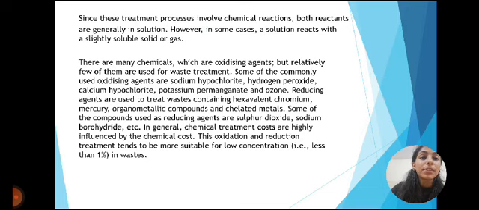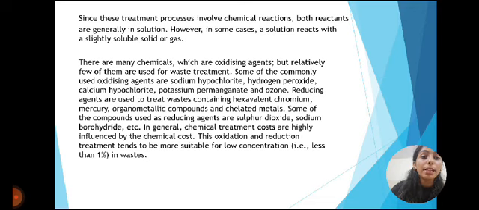Since this treatment process involves a chemical reaction, both reactants are generally in solution. However, in some cases, a solution reacts with a slightly soluble solid or a gas. There are many chemicals which are oxidizing agents, but relatively few of them are used in waste treatment.